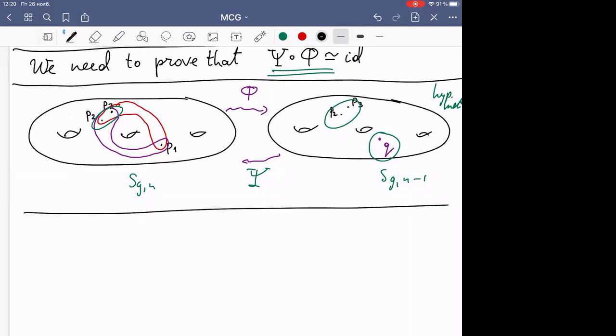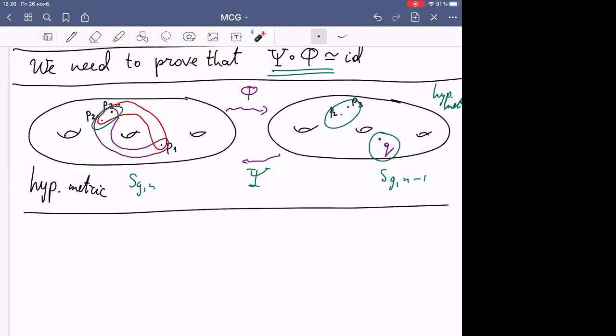Well, I think I understand your question. Look, we may introduce a hyperbolic metric here. Yeah, but a hyperbolic metric on the surface without n-1 points automatically produces a hyperbolic metric on S_{g,n}, right?